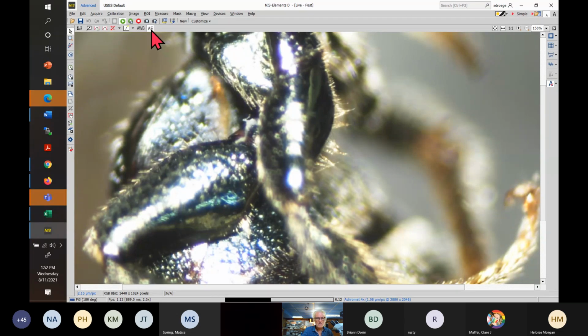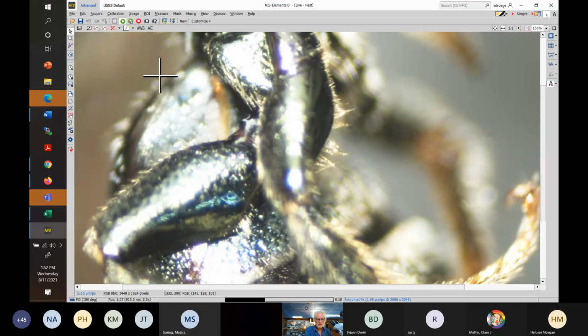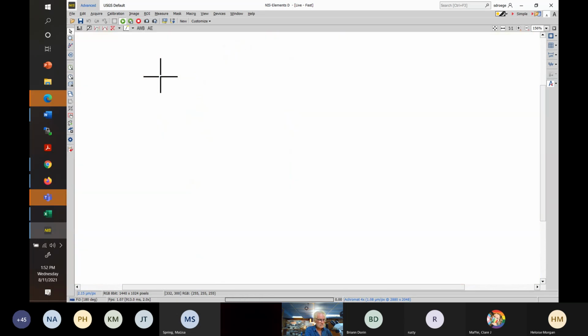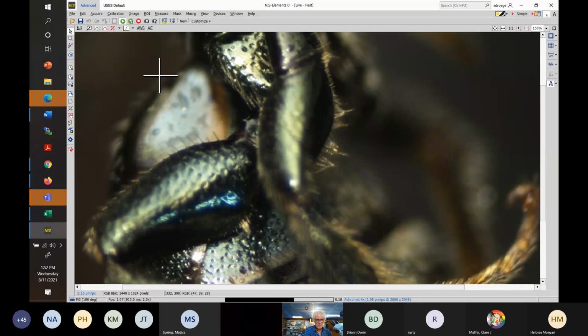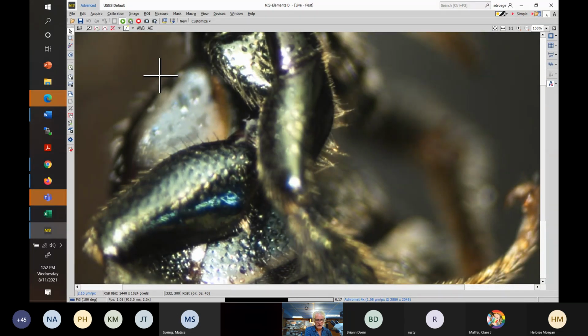Let me try changing the lighting again. Doesn't seem to be making any difference. I'll try shading it with the vellum paper. So there you can see that the white reflects off the white hairs quite well.